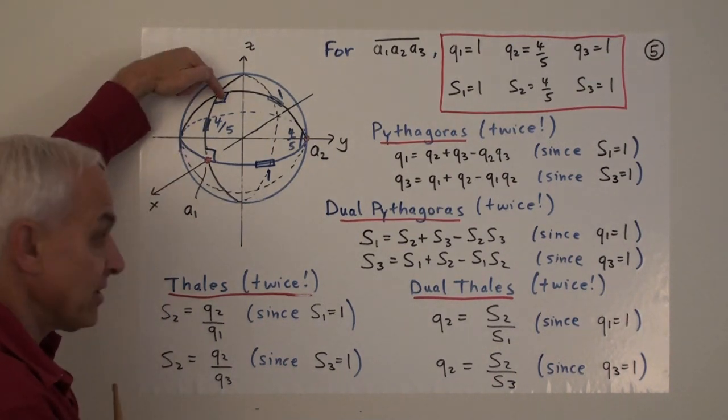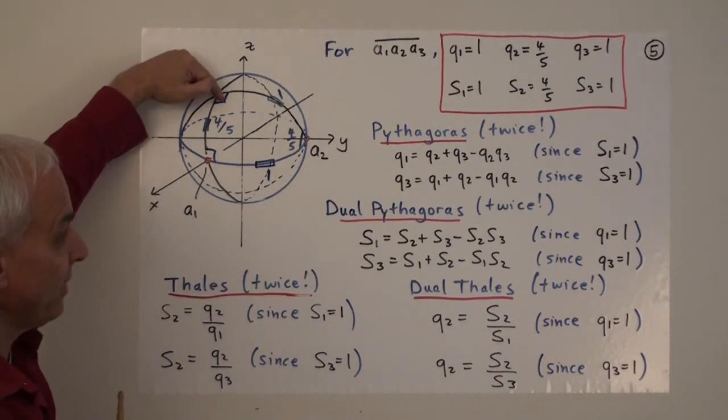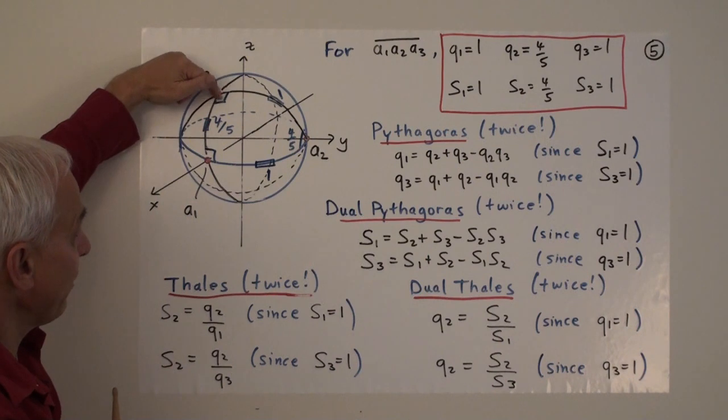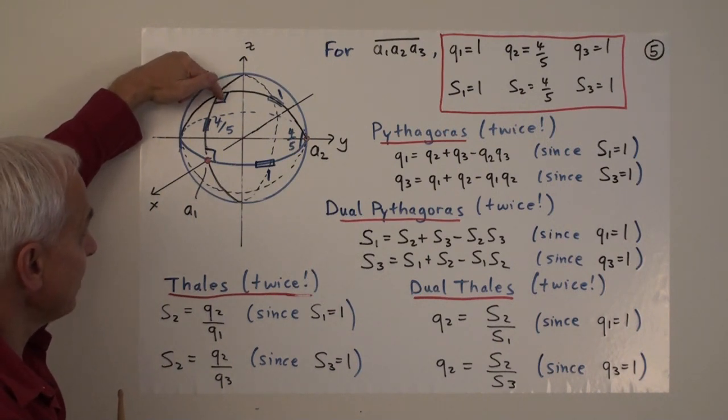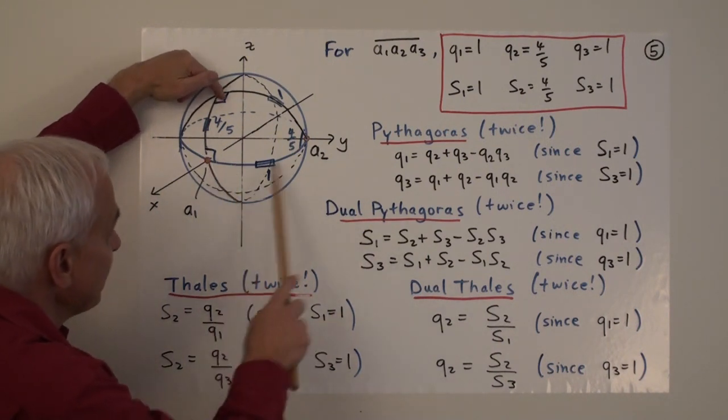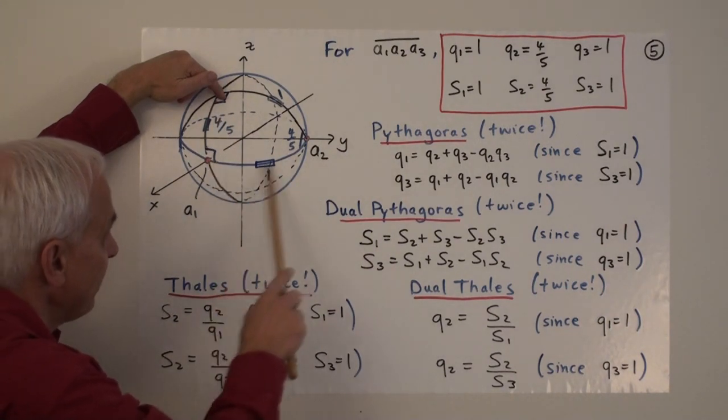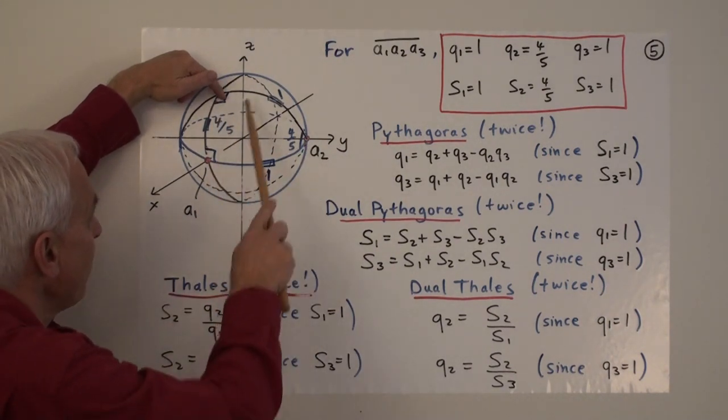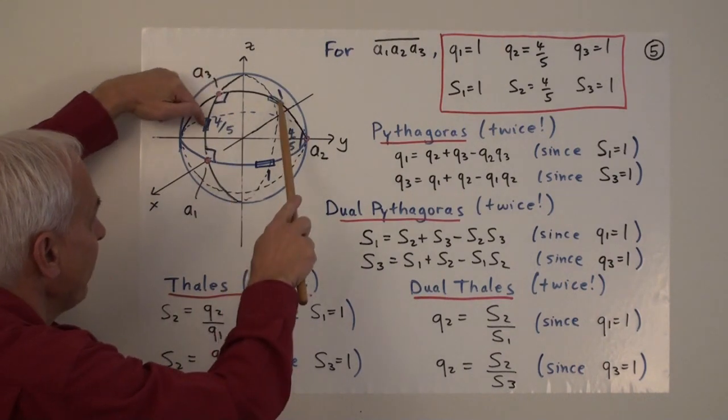And because this is also a right angle, or a perpendicularity, or a spread of 1, S3 is 1, therefore Pythagoras' theorem applied to that situation would be that this quadrance Q3 equals this quadrance plus this quadrance minus the product here.